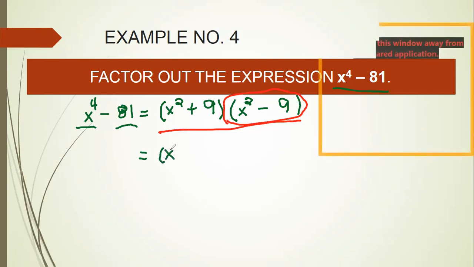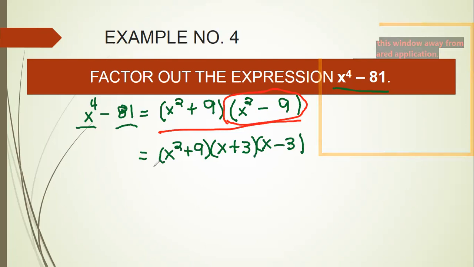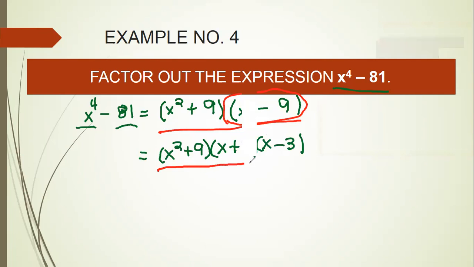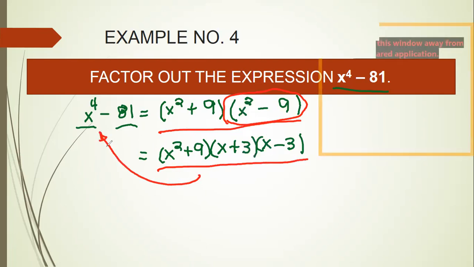Okay, so that's x squared plus 9 multiplied by x plus 3 and x minus 3. Now the question is, is this already your factored form for this item? Yes.